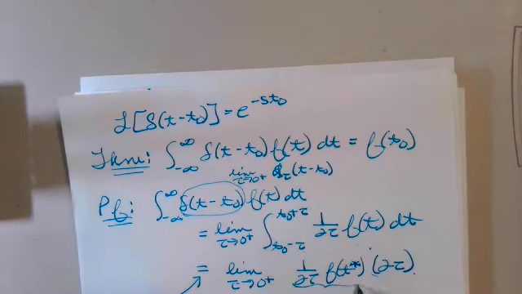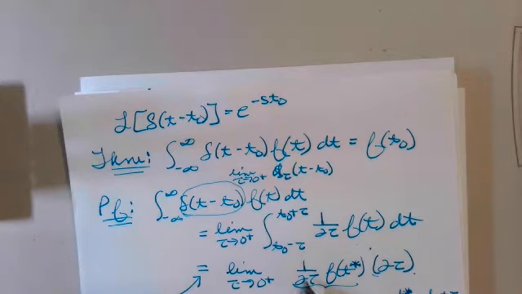This is the integrand at some intermediate point, so this is for t star in between t naught minus tau and t naught plus tau. That's exactly what the mean value theorem for integrals tells you. You can look that up if you don't remember it from calculus 1.